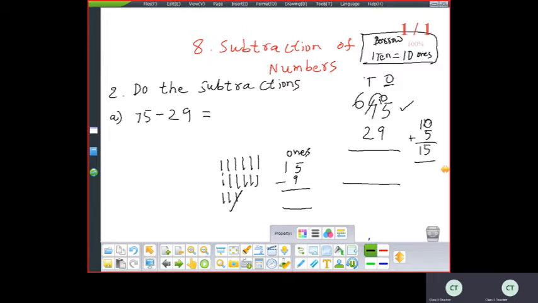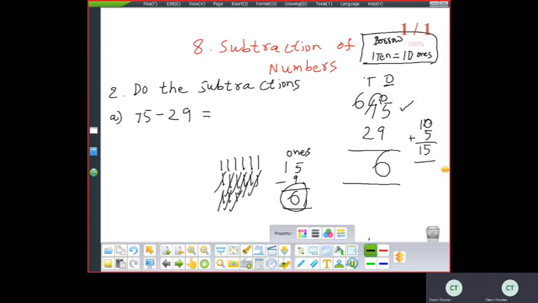We cut 9 lines. After cutting 9 lines from 15, there are 6 lines. 15 minus 9, 6. The count of 6, write in ones place.